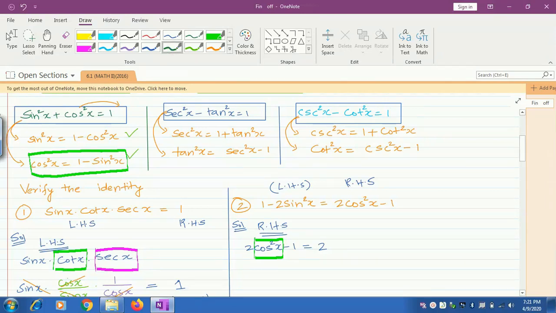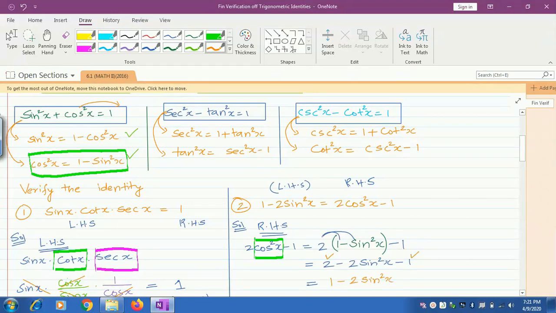So this is equal to 2 times 1 minus sine square x, and the remaining minus 1 is the same. Now multiply. What is the multiplication? So here you have 2 minus 2 sine square x minus 1, which in turn implies, adding the numbers, 2 minus 1, you will get 1 minus 2 sine square x.